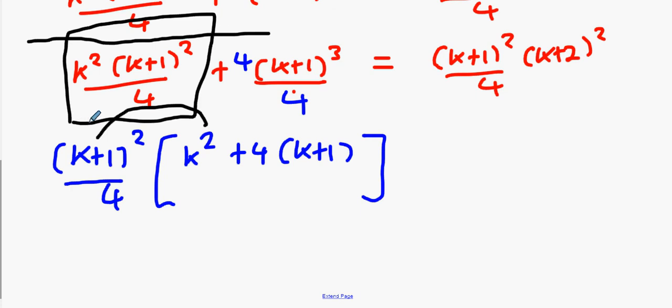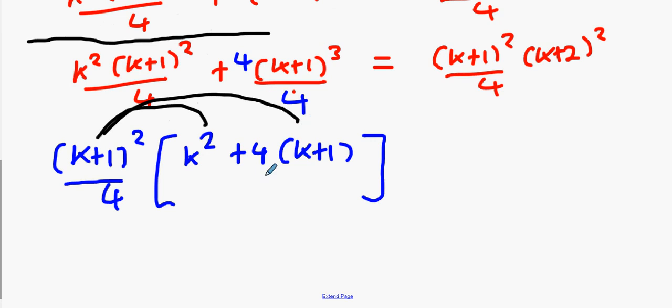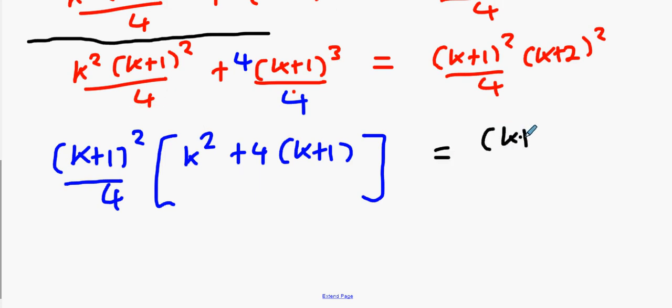Is that alright with you guys? And then what happens when we multiply this part by the second part? K plus 1 squared by another K plus 1 get you K plus 1 cubed. The 4 on the bottom, the 4 on the top and the 4 on the bottom will come back in. So it's exactly the same, okay? Now, and it equals the right hand side.